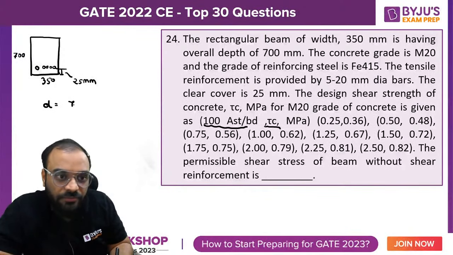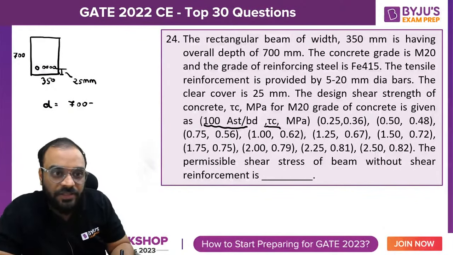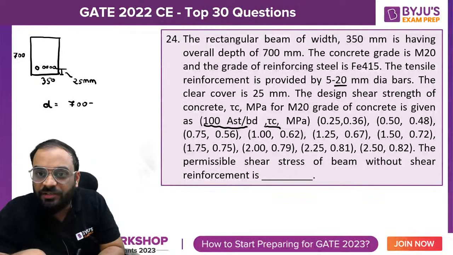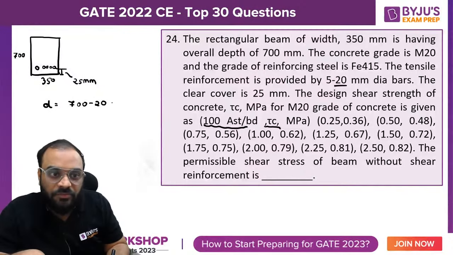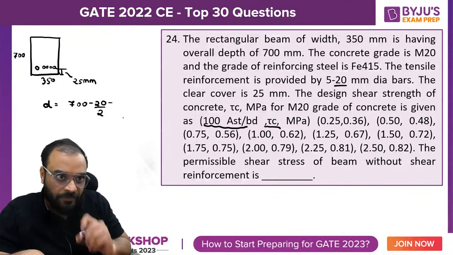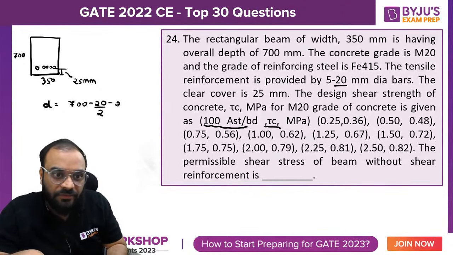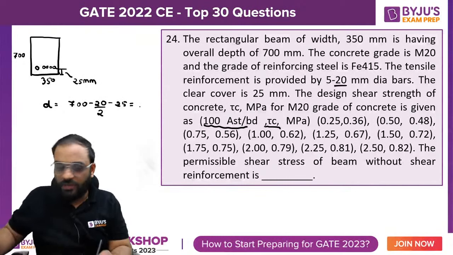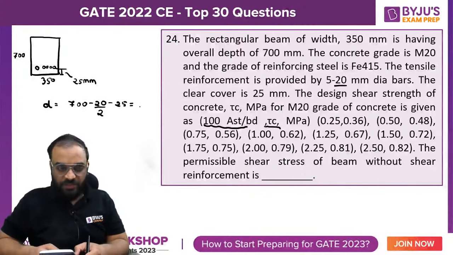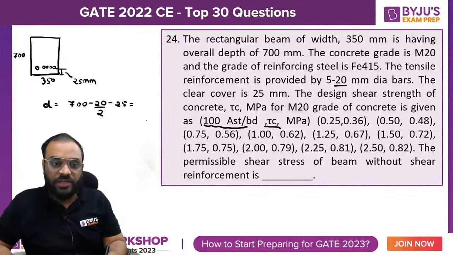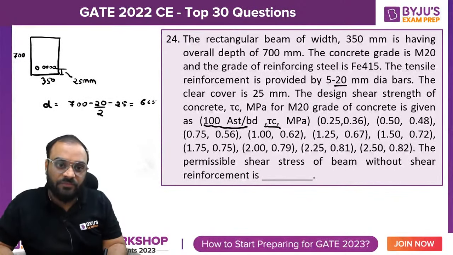Small d will become 700 minus the dia of this particular bar, 20, so minus 20 divided by 2, minus 25. Calculate it. 700 minus 10 minus 25. So we are getting a value of 665 mm as small d.